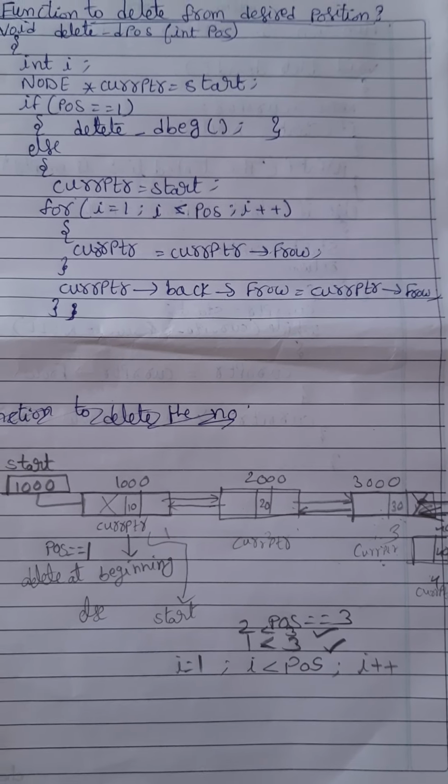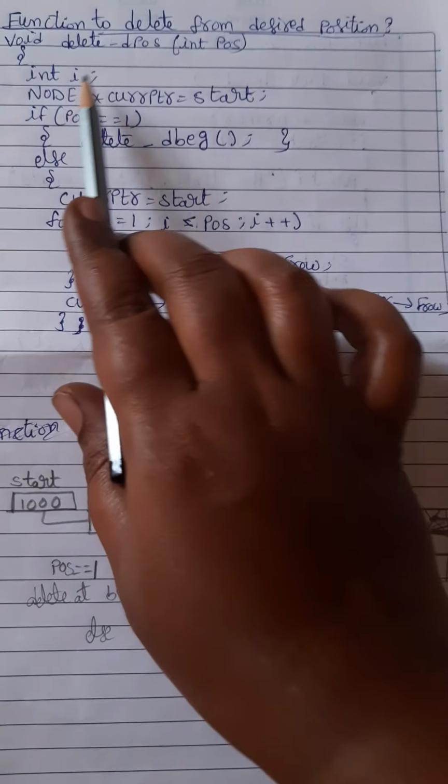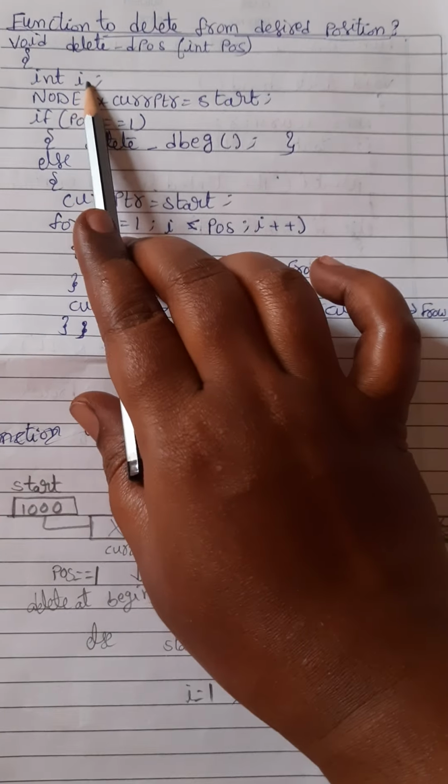If you want to define the for loop, here we have to define one variable, so we are giving the variable called I, and the current pointer equal to start. Here we are checking the condition. If we have given the position as 1, it means we have to delete the element at the beginning. That means you have to check that beginning function.